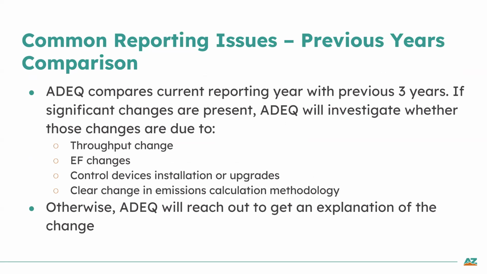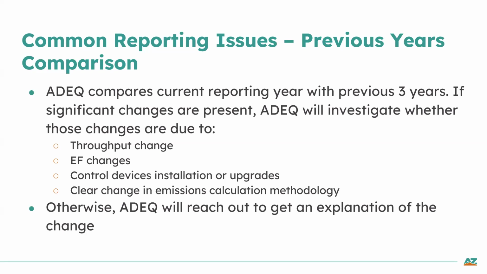Another step in our quality assurance is to compare the current emissions inventory with emissions reported in the past 3 years for each pollutant at the process level. Please make sure that changes in emissions between years can be attributed to changes in throughput, emissions factor, new and upgraded control devices, or changes in emission calculation methodology.